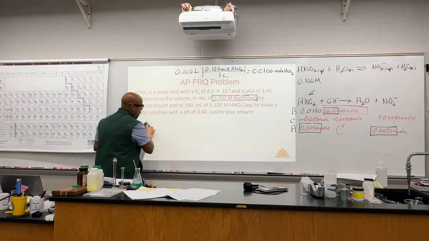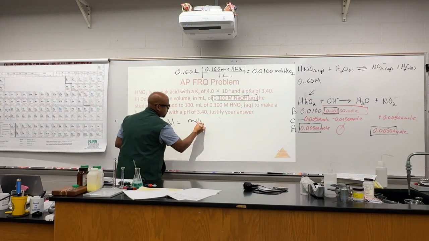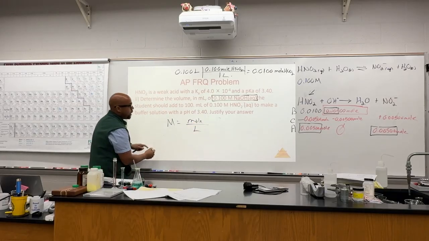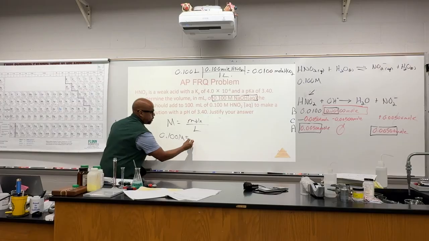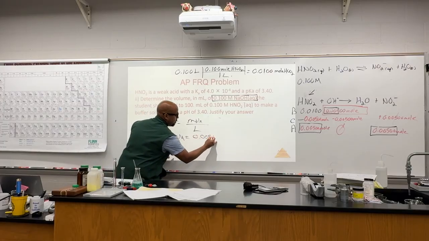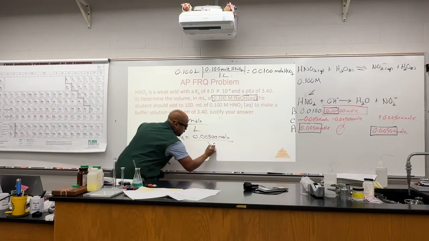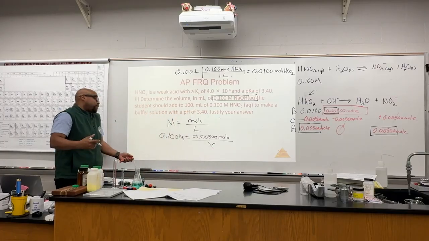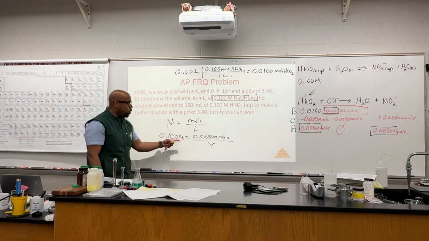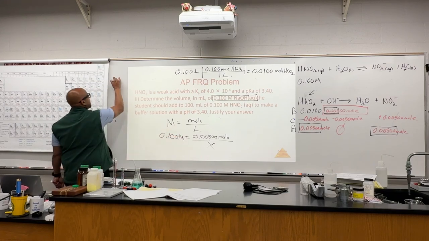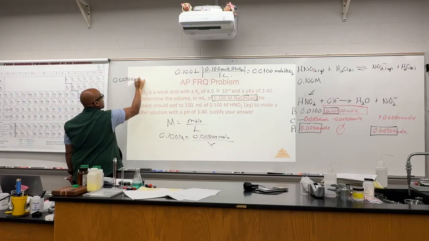Other students like to say, well, molarity is equal to moles divided by liters. And they'll say, hey, this is 0.100 M is equal to 0.00500 moles, and they'll put X for liters, and they'll solve for liters. That's fine. Me, dimensional analysis all the way. I know this is moles per liter, so I just say 0.00500 moles.